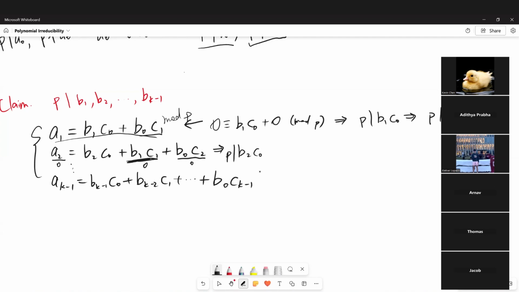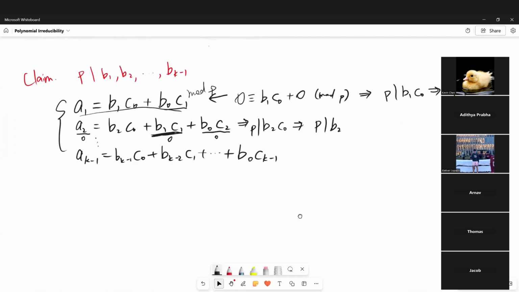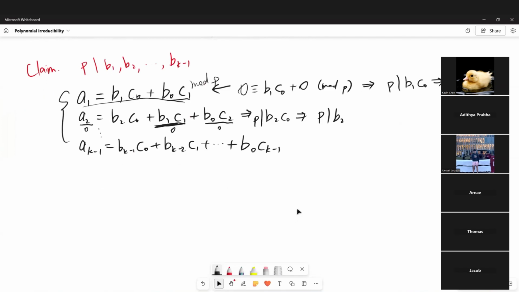And again, since p cannot divide c_0, you have p divides b_2. And I'm not going to write out the whole inductive argument and the hypotheses, but we can easily see that going down the list, for a_1, we can conclude that p divides b_1. For a_2, we can conclude that p divides b_2.